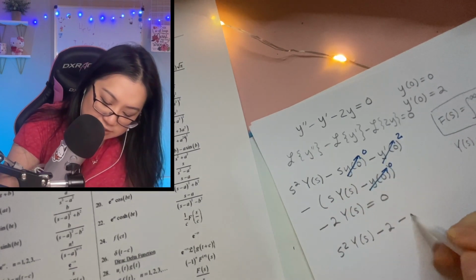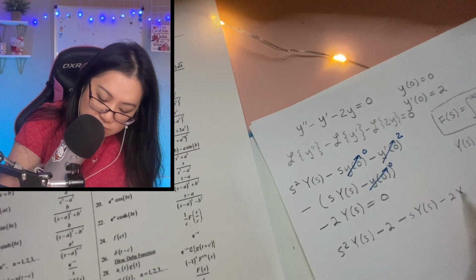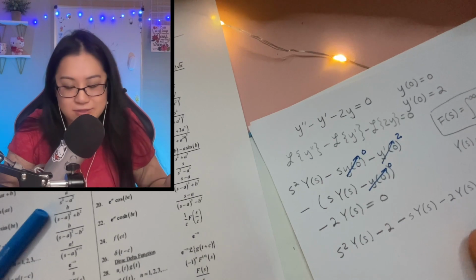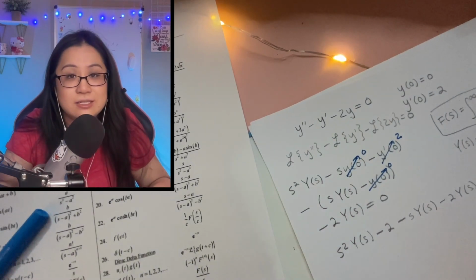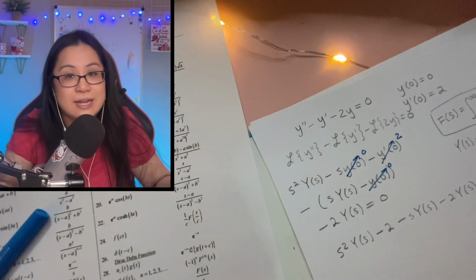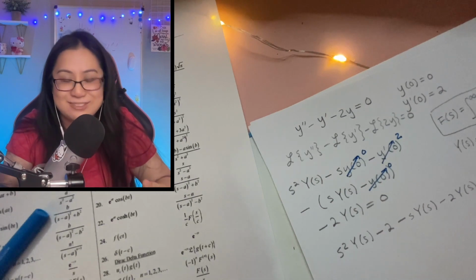So we have minus s Y of s, minus 2Y of s equals 0. That is what's really fun about a lot of these differential equations, is we're basically translating these diffy-q's into this algebra world, which is a lot more manageable, and then we go back into our function world.